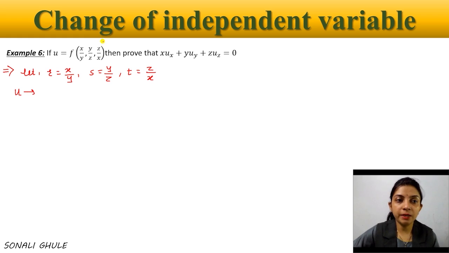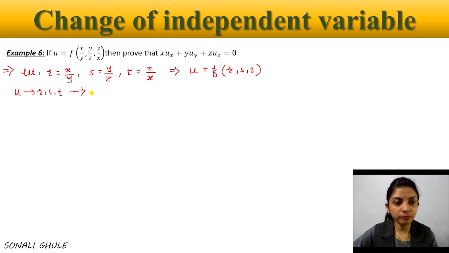So from this I can write dependency. u is equal to f of r, s, t, so u is a function of r, s, t, and r, s, t are functions of x, y, z, the substitution we have taken.